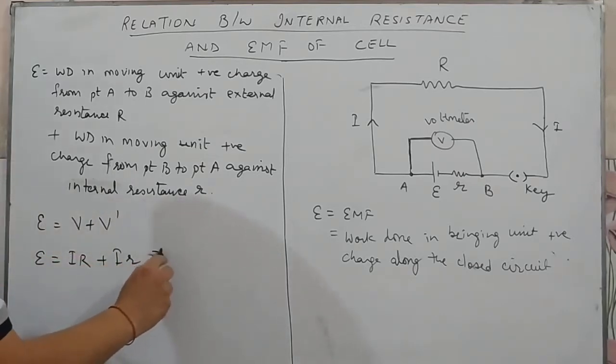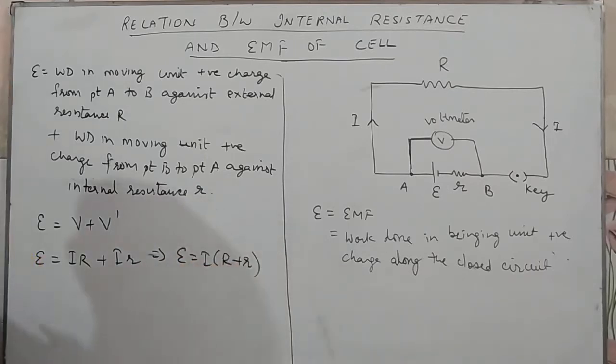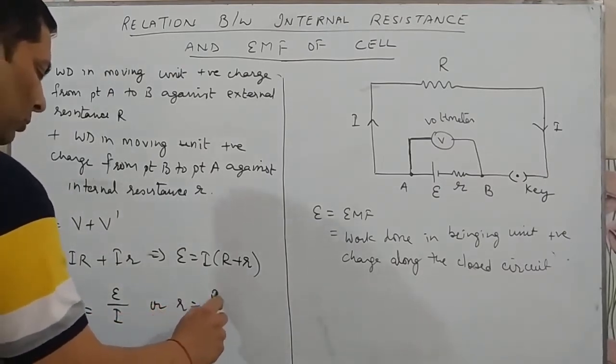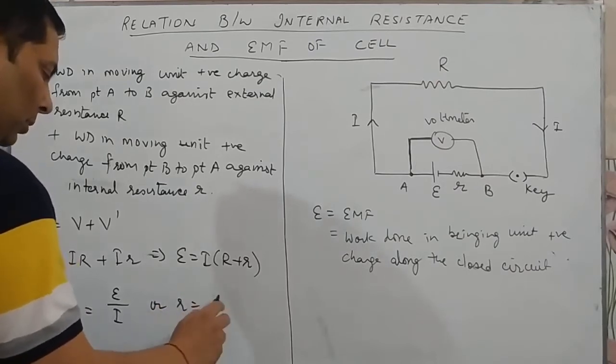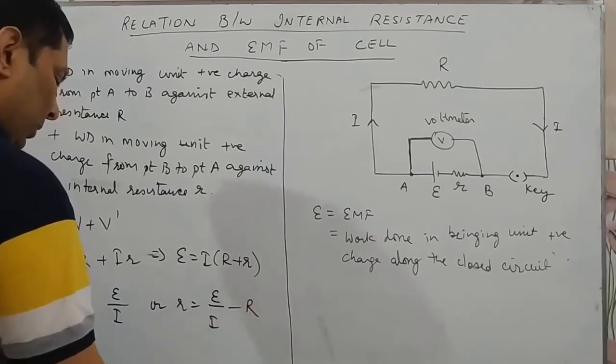We have E equals I into capital R plus small r, or you can also write R plus small r equals E upon I, or in the end you can write small r equals E upon I minus capital R.